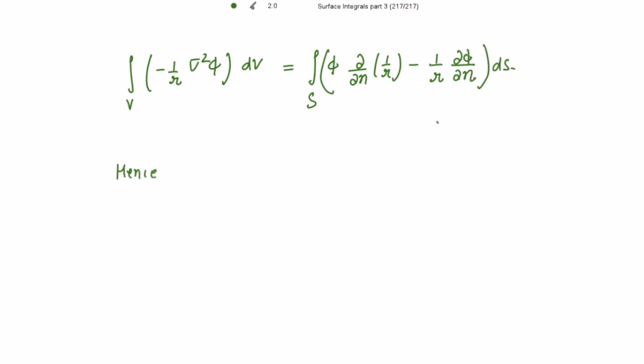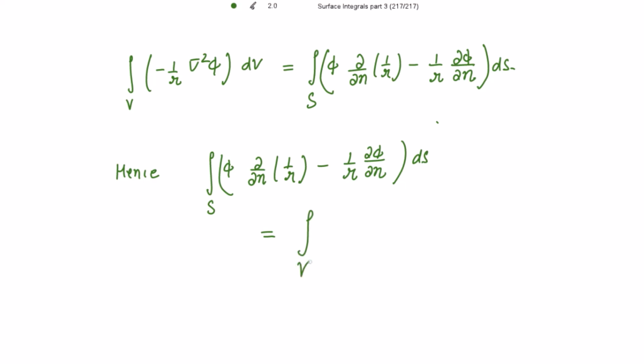Hence, I am writing the surface integral first. This is phi partial derivative of 1 by r with respect to n minus 1 by r partial derivative of phi with respect to n ds equals the volume integral of, I will take this negative sign outside, so this is 1 divided by r del square phi dv. So this is what is needed to be proved.